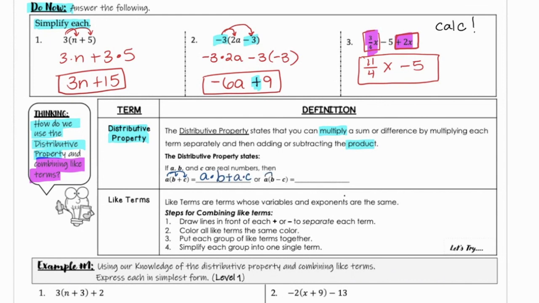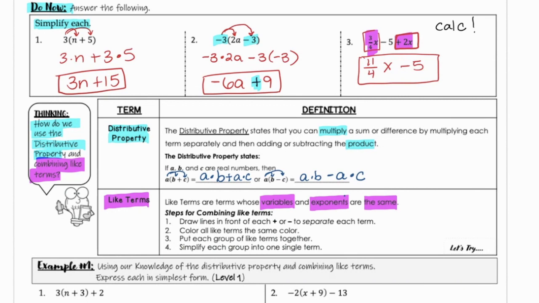Same thing if I'm dealing with subtraction. A times B, A times C. Looking back at combining like terms, like terms are terms whose variables and exponents are the same. If I have the same exponent and the same variable, I can combine them. And I put down the steps that we used in the previous lesson.